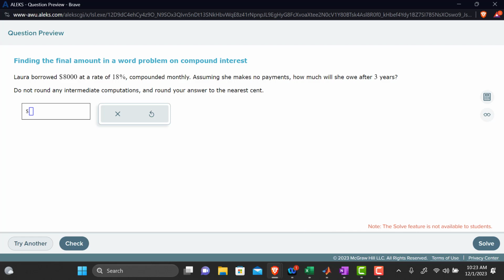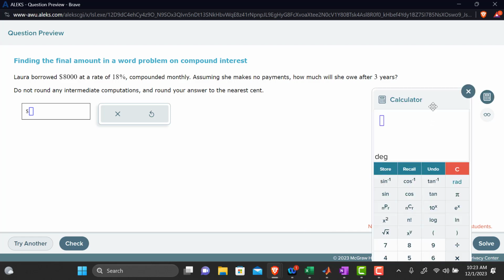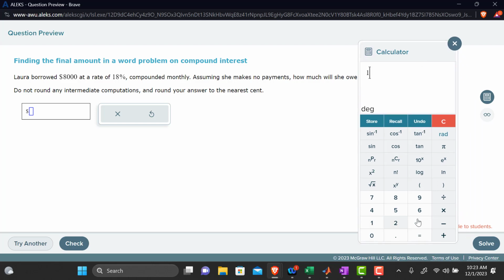So let's go to our calculator. We have 1 plus 0.18 divided by 12. You can do it in intermediate steps. I can just calculate this. Then I want to take this number and raise this to the 36.